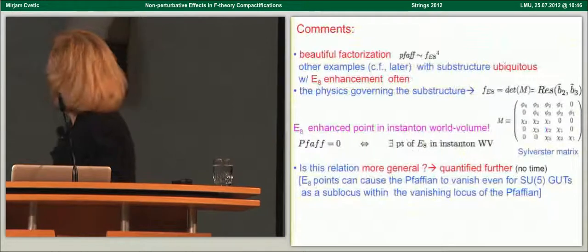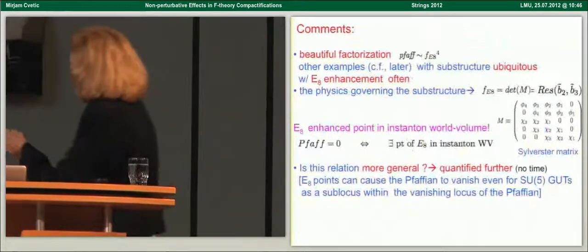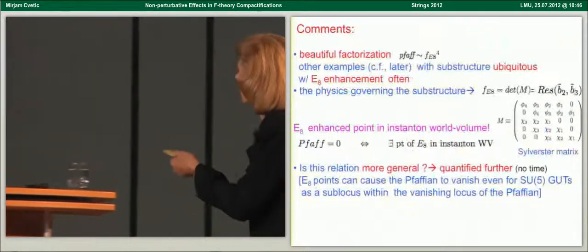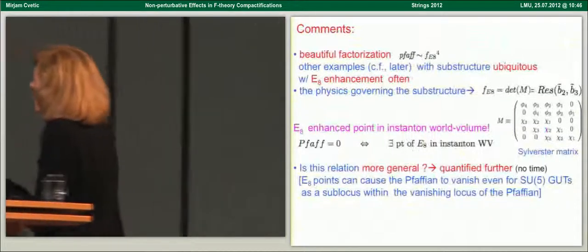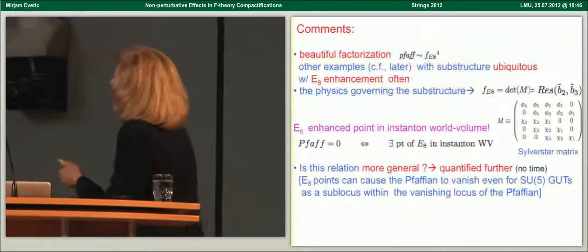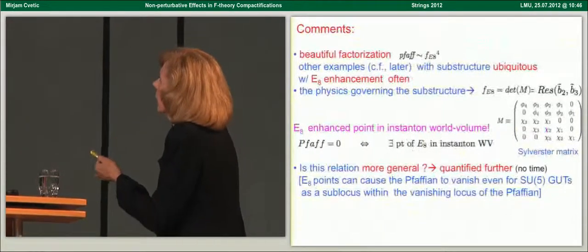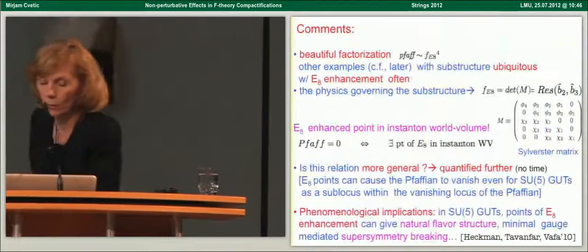Why I'm mentioning these things is that one would like to see if there is more physics to that, if one can get this observation in a more quantified way. We can quantify precisely under which condition we can get Pfaffian zeros where we have E8 enhancement points, and that can also apply to SU(5) GUTs.